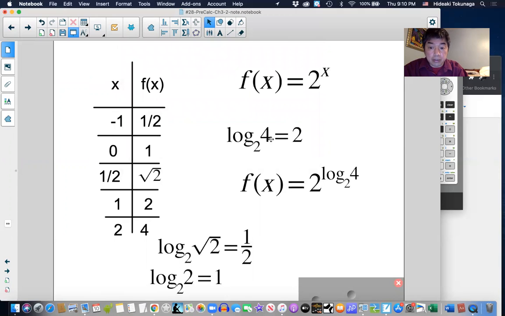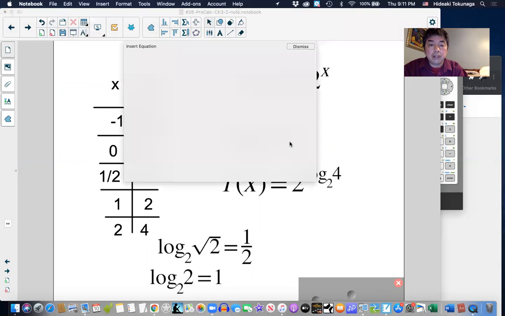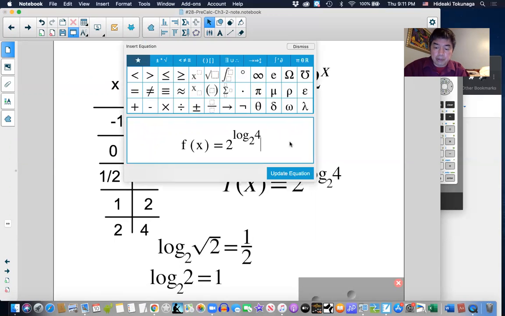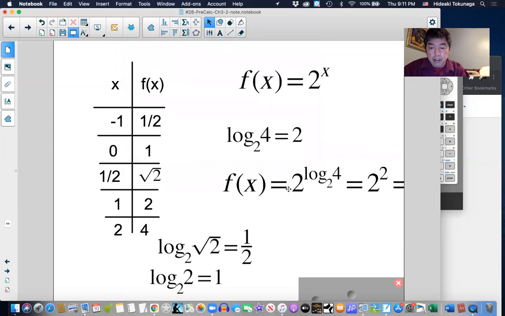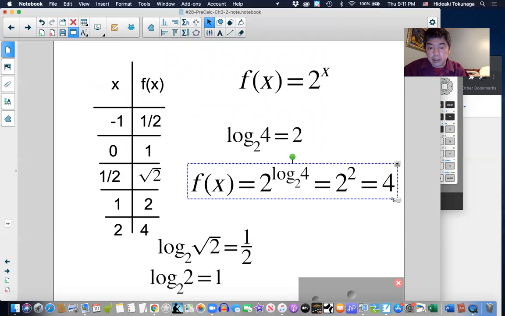So this number is the second power, right? 2 to the second power. I put the equal sign. Base is 2, the exponent is 2, so it becomes 4 here.